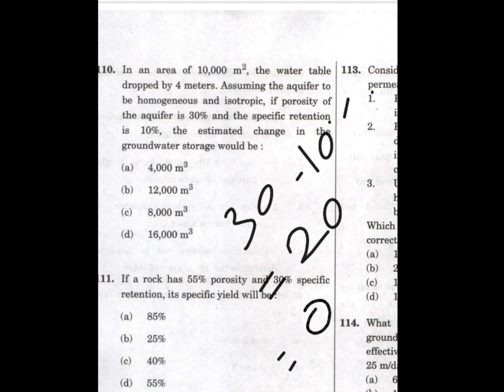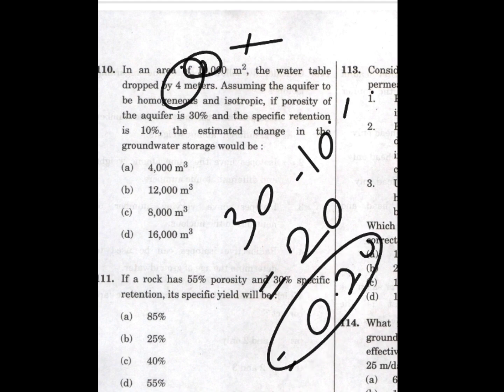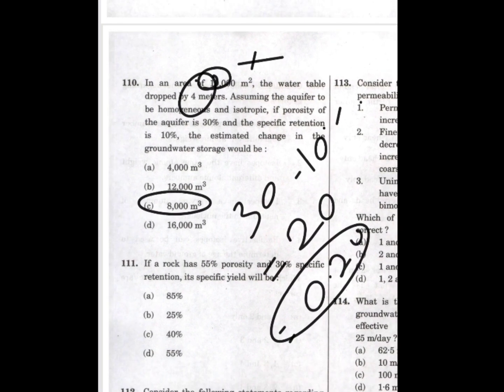We write it as 0.20. Then we multiply to calculate the change in groundwater: 1000 meter square into 4 meters into 0.20. The specific yield is 0.20. We calculate and get the answer, 800 meters cubed.